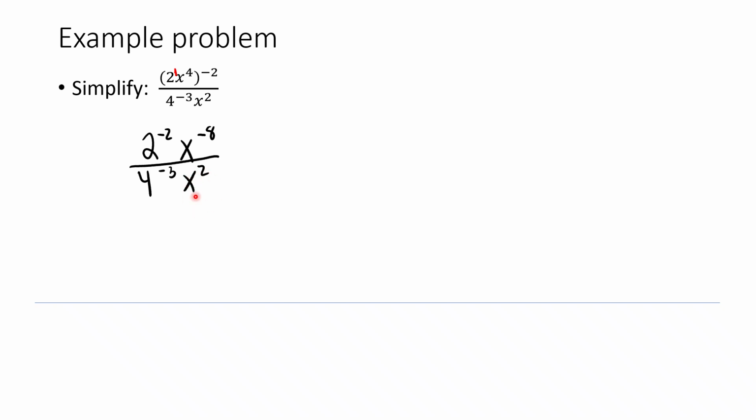This x squared has a positive exponent, so it's going to stay put. So we're going to have 4 to the 3rd in the numerator, 2 squared and x to the 8th in the denominator, and the x squared was already there. Now we've got some stuff to do with the constants to simplify further. So 4 to the 3rd power is 64.